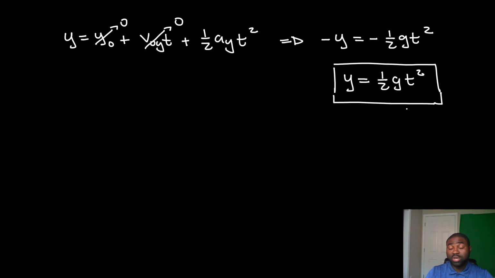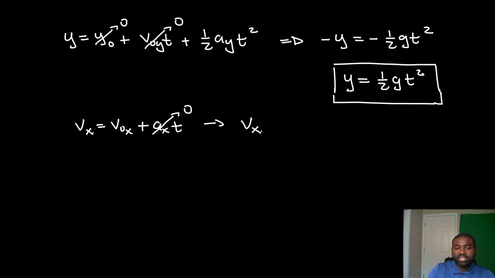Now we've been asked to calculate the initial velocity, which is an x velocity. So we know that Vx in the x direction is equal to Vox plus axt. The acceleration in the x direction is 0. That means that Vx is just going to be equal to V naught, which is exactly what we are actually looking for.